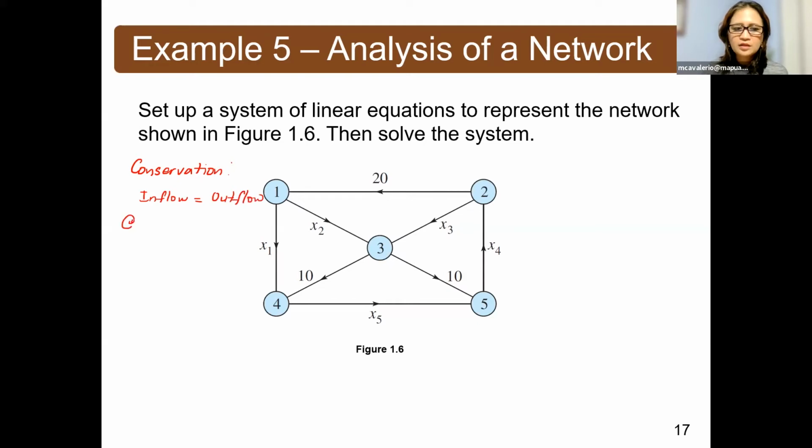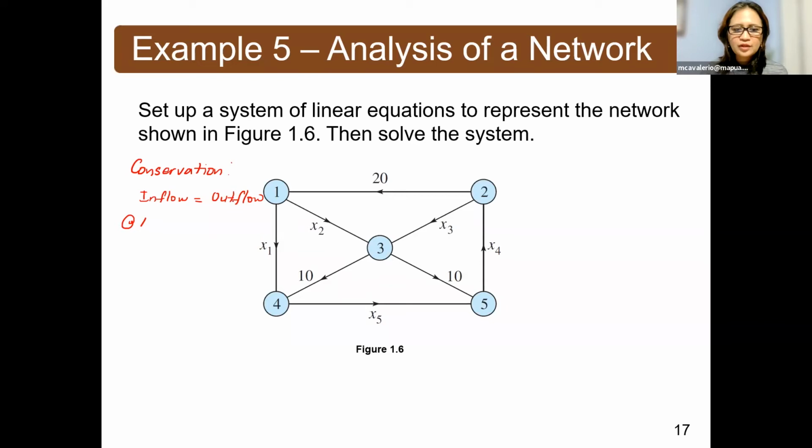Say at junction 1, so what happens at junction 1? We see here that the inflow is actually 20 and the outflow is given by x sub 1 and x sub 2. So we can write x sub 1 plus x sub 2 is equivalent to 20. Let this be our first equation.